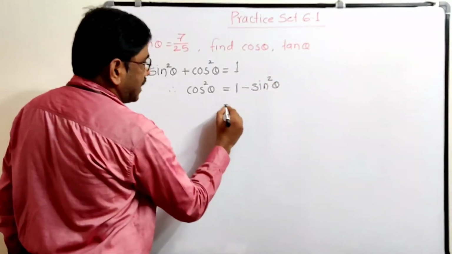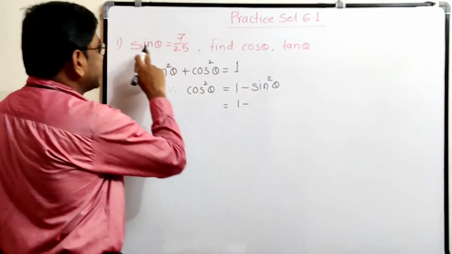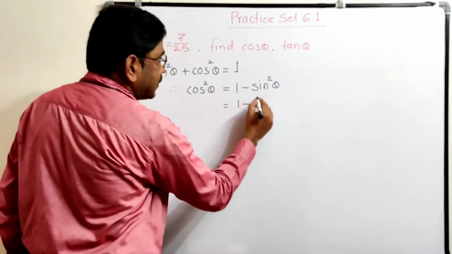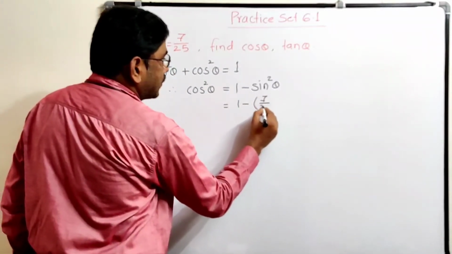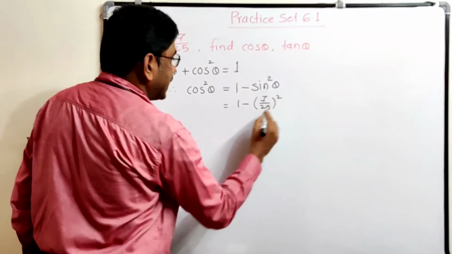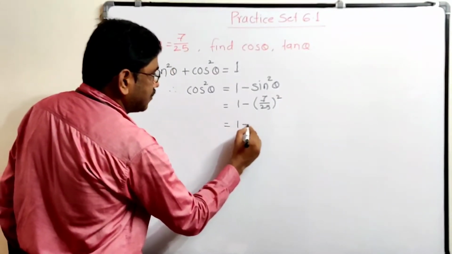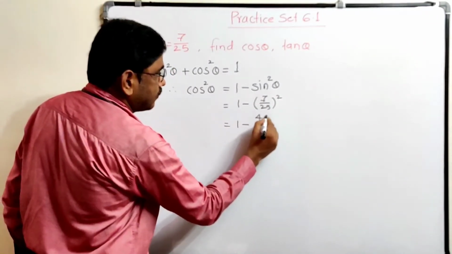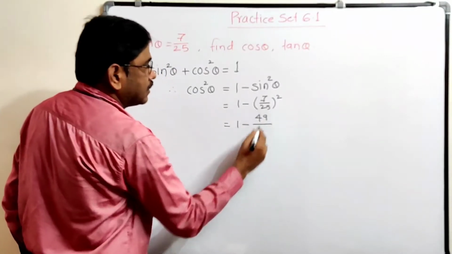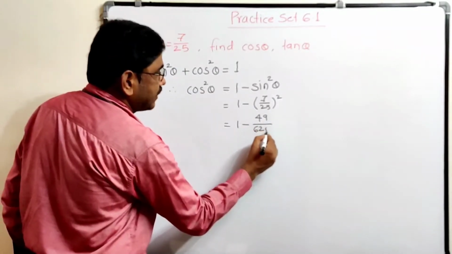Now substitute the value, sin theta is given 7 by 25, therefore here 7 upon 25 bracket square. So we get 1 minus 49 divided by 625.